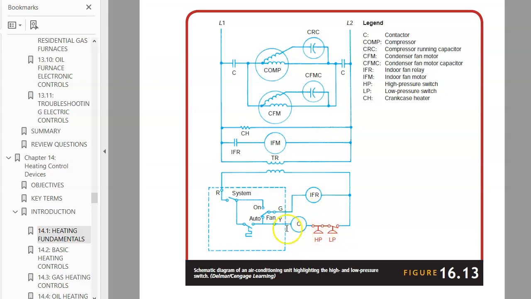It's open, so the contactor relay will not have electricity and will be de-energized. When this is de-energized, this one will change, because this relay controls this contactor, right?